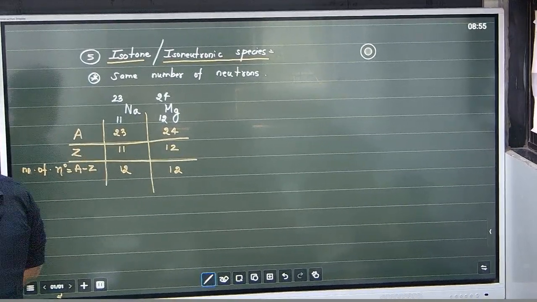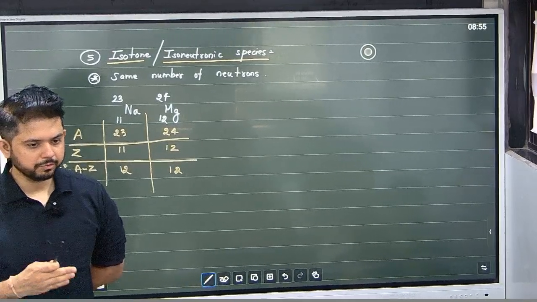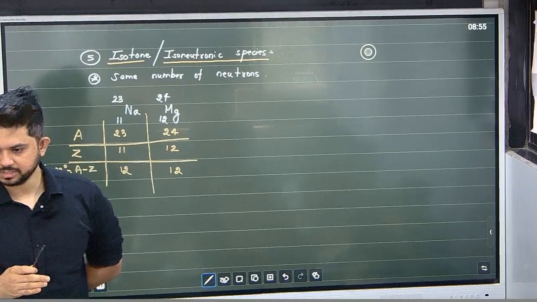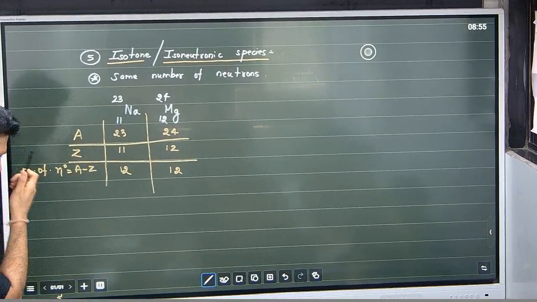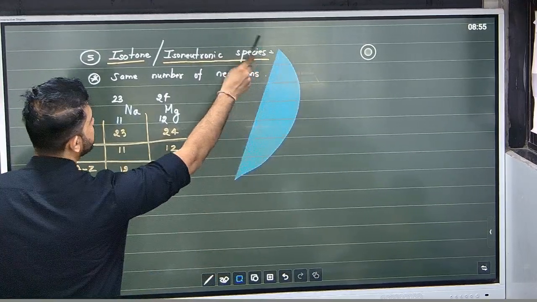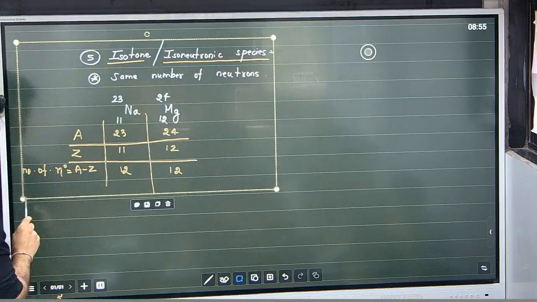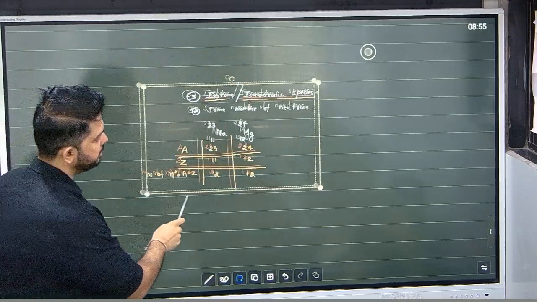Easy. So same number of neutrons, such species are called isoneutronic species, or they are called isotones. Any questions over here, people?